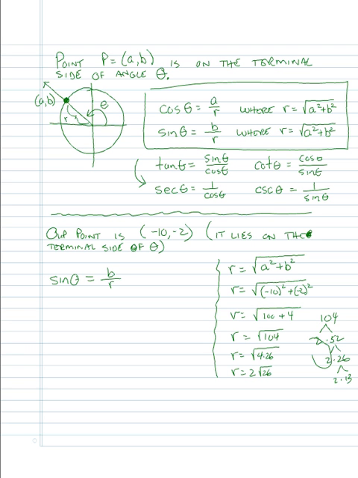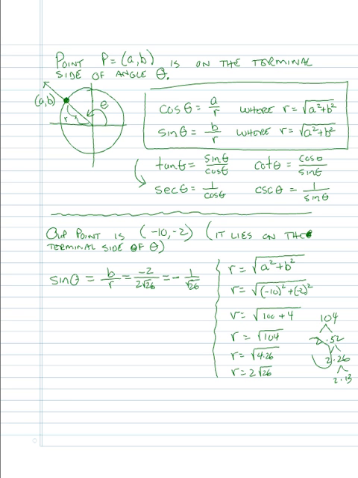So we go back over here. b, that's the second coordinate, is -2. And r is 2 times the square root of 26. And so now we see, oh, this is going to reduce because we have a 2 over 2, so this is -1 over the square root of 26.